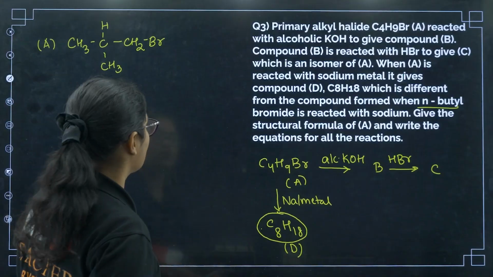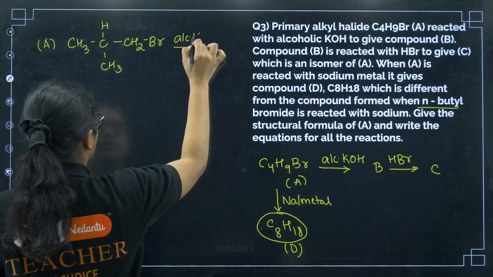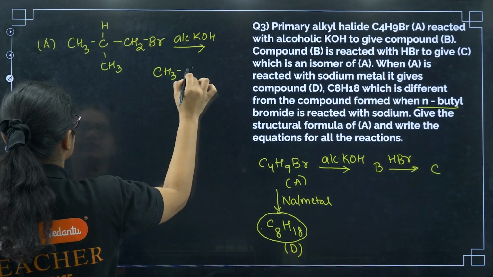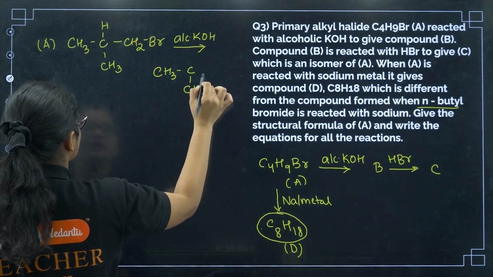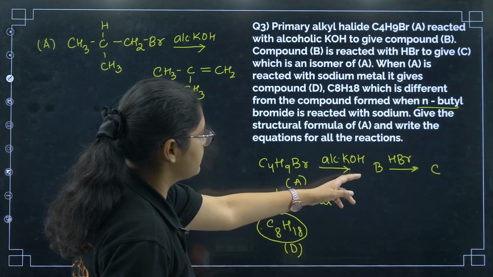Now we have alcoholic KOH. If I react with alcoholic KOH, a double bond will be there. Now I will have (CH3)2C=CH2, so this is your B. Next we will have HBr.